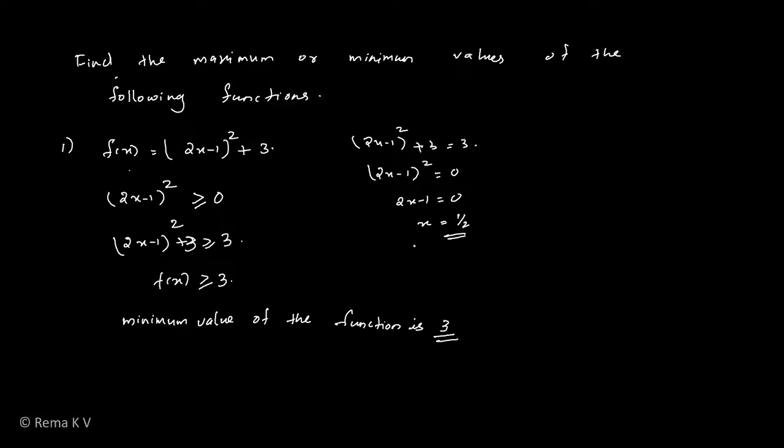The point of minimum value is not asked here in the question, but if we have to find it, this is what I have to do. The minimum value of the function is 3 and it is at the point x is equal to 1 by 2.